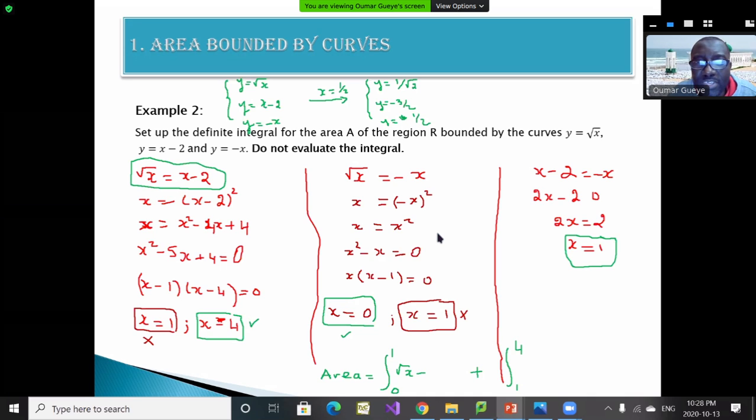Again, you have minus 3/2 and minus 1/2. Which one is the greater value? Minus half is the greater value, and it's obtained from the third equation. It means I have to use the third equation here, and dx.